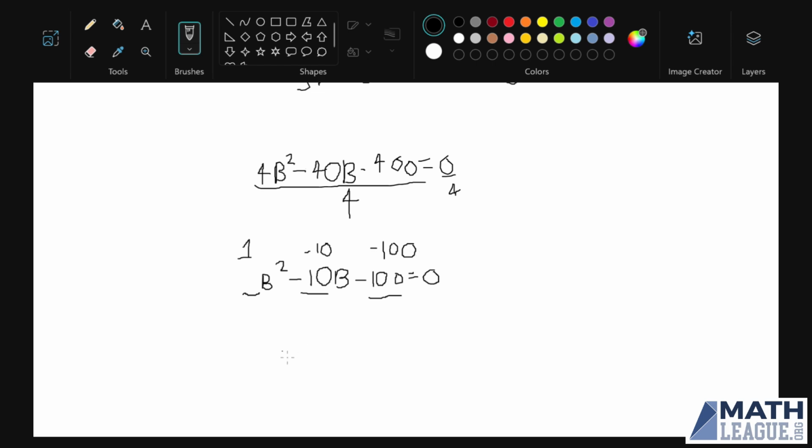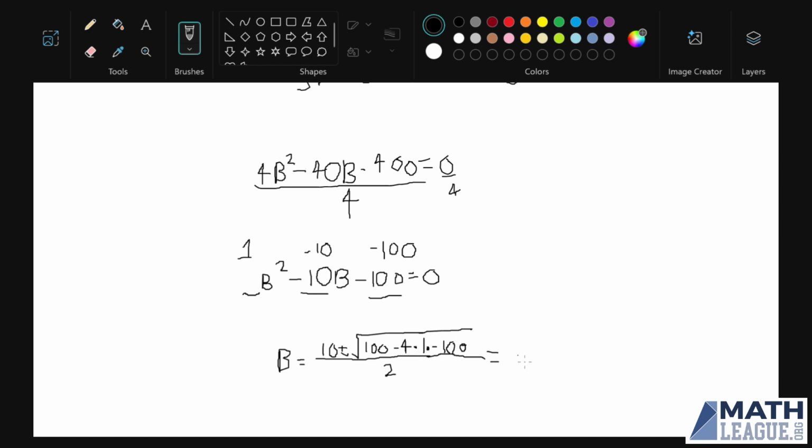So let's go ahead and plug that into the quadratic formula. We get that B is equal to negative little b, which is negative 10, or 10, plus or minus the square root of negative 10 squared, which is 100, minus 4 times 1 times negative 100, over 2. And then we get that 4 times 1 is 4, times negative 100 is negative 400.